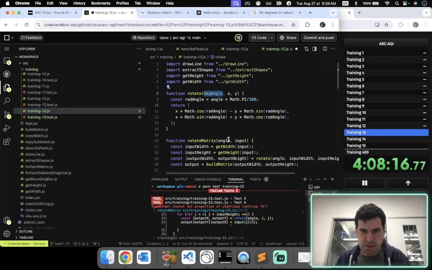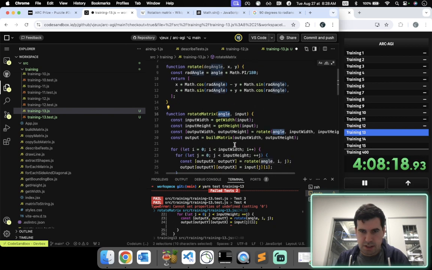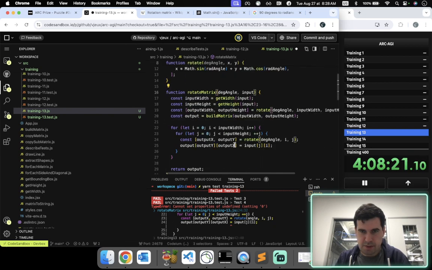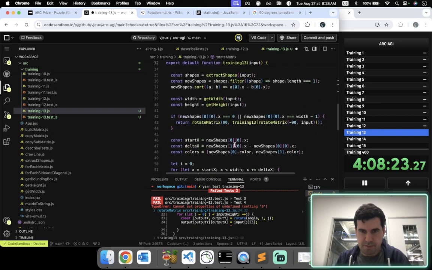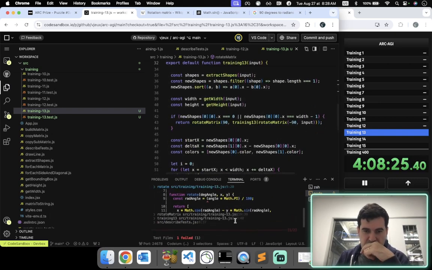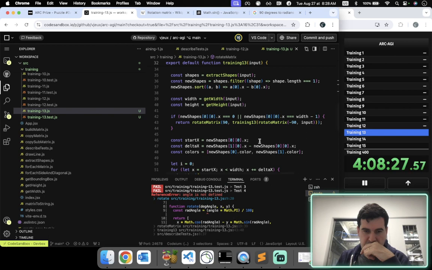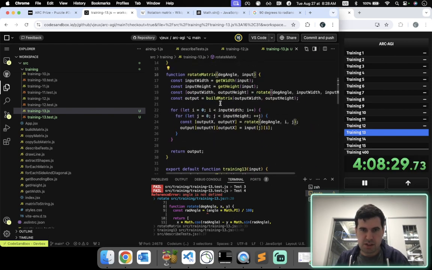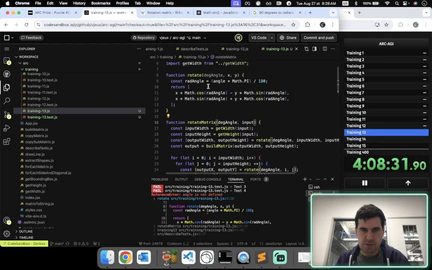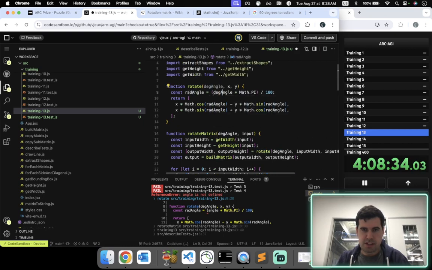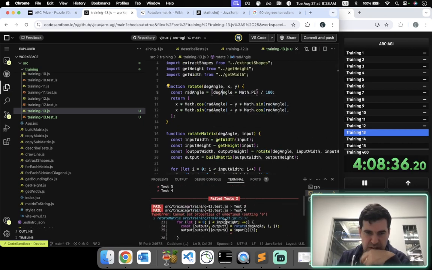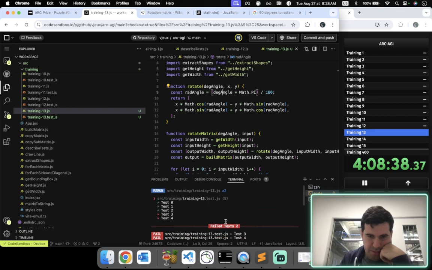Okay, and so this one is deg angle. And rotate, so this one should be deg angle. Okay.